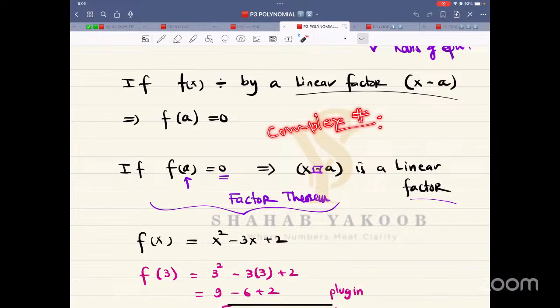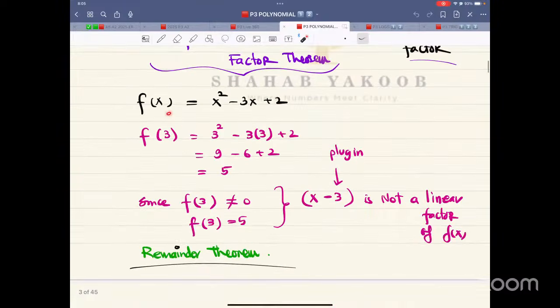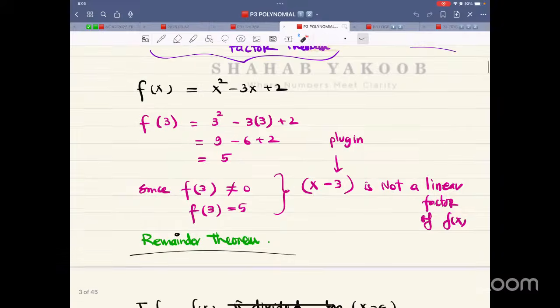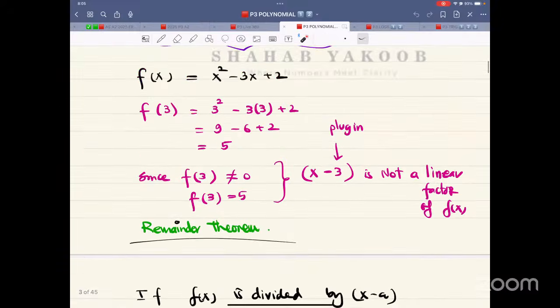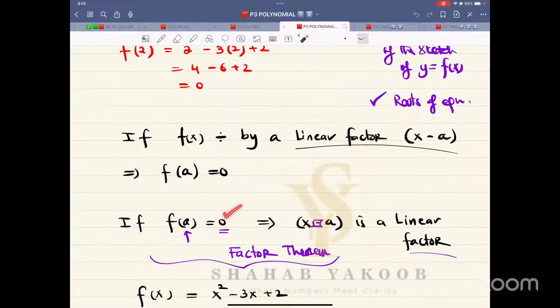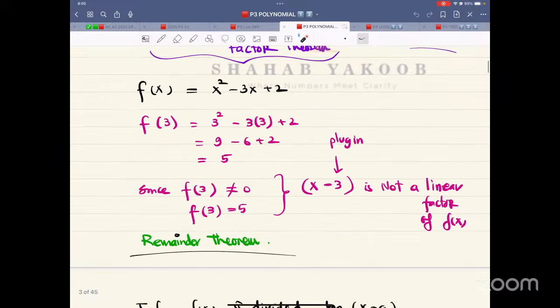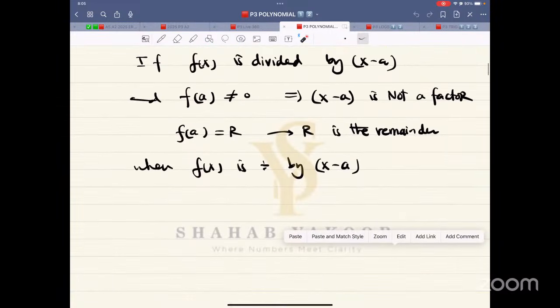Okay, so not only is it for an algebraic thing, it's also related with algebra of complex numbers. For example, f(x) is this thing. If I plug in 3, it does not equal 0. That means x minus 3 is not a linear factor. And this is the remainder theorem. So factor theorem, if it equals 0, x minus a is a factor. This is the symbolic thing.